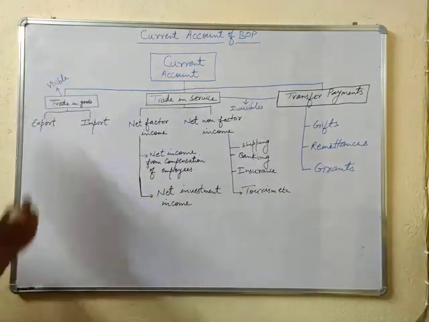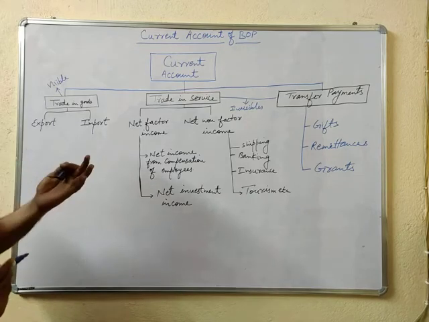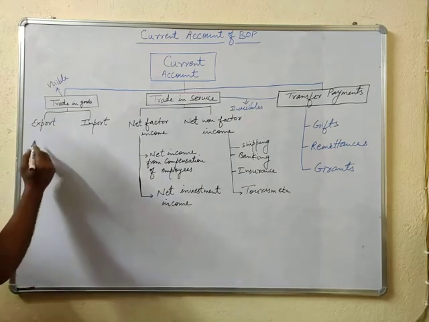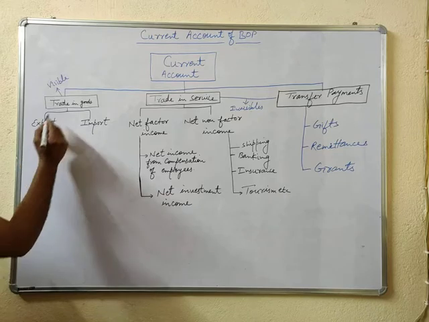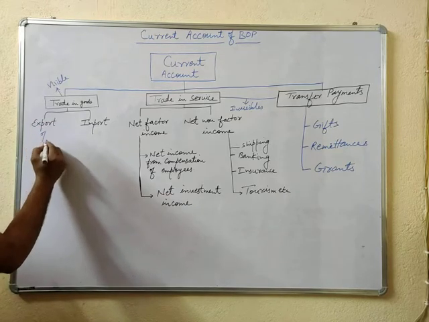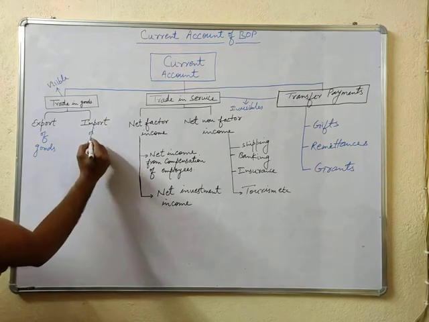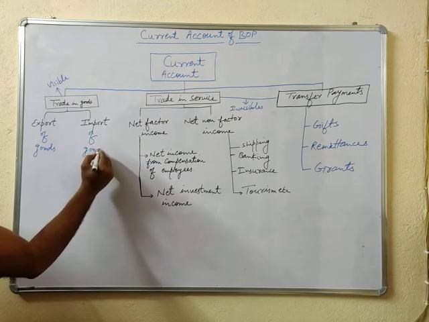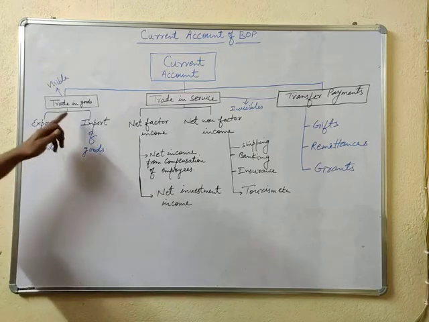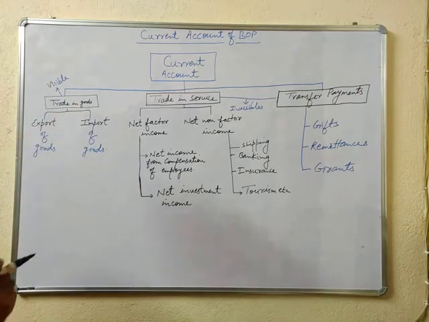What does it mean? It means the import and export of goods or commodities. So export of goods and import of goods are termed under the trade in goods.